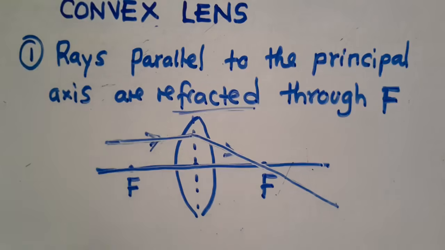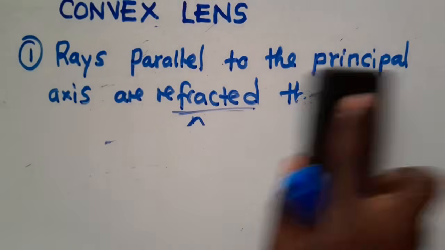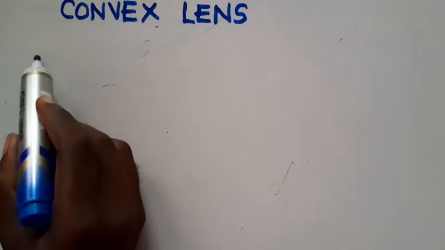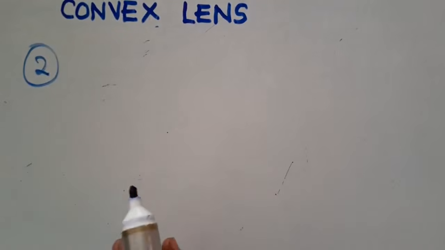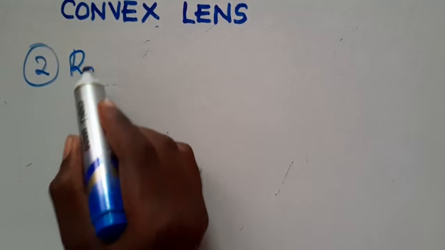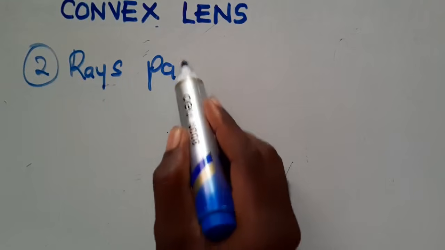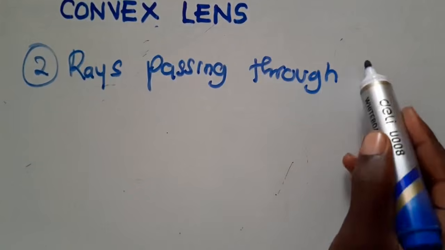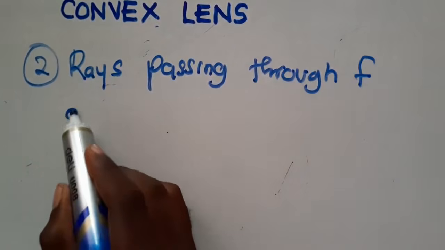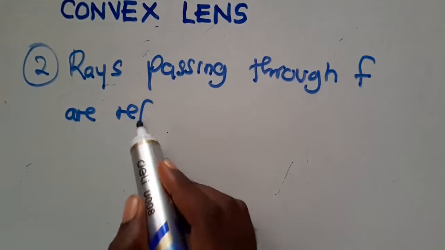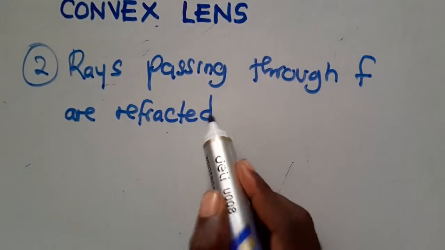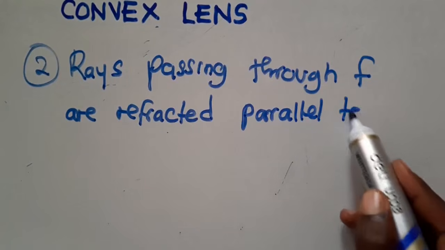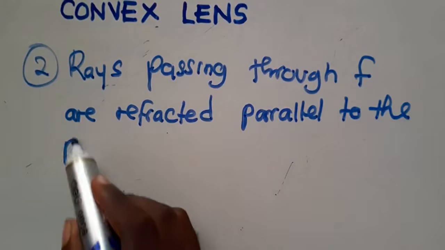Let us move to the second law. The second law that we need to understand is that rays passing through F are refracted parallel to the principal axis.